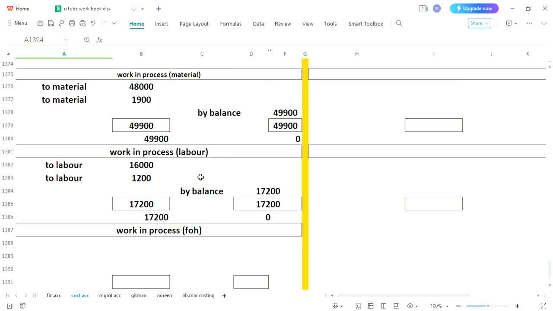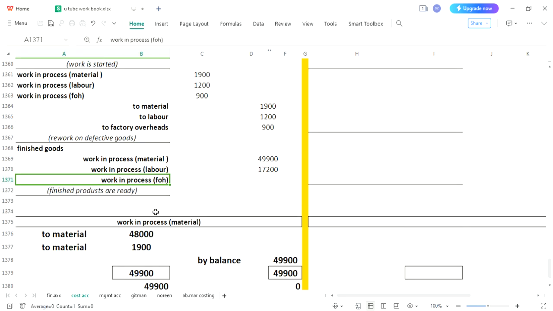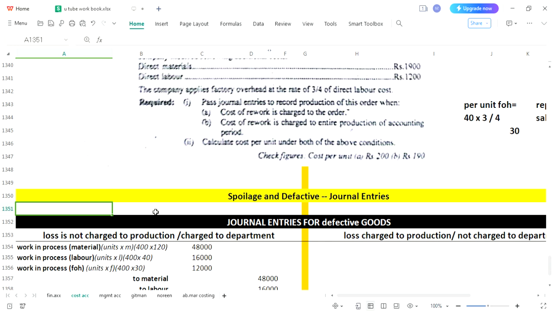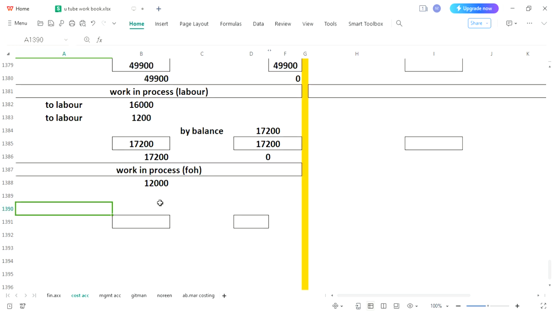First amount is 12,000, and the second amount of work in process FOH is 900. So you will post 900 as well on the debit side. The rule of ledger is that the name of the ledger would be searched in journal entries.